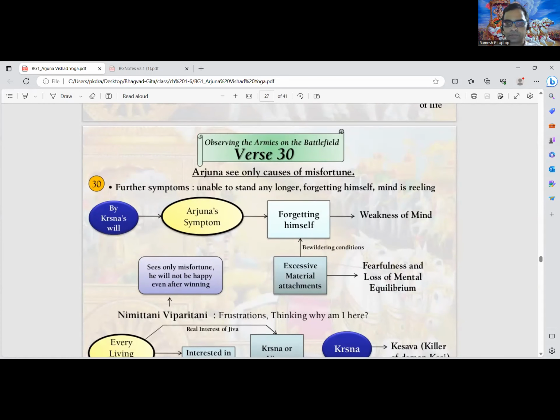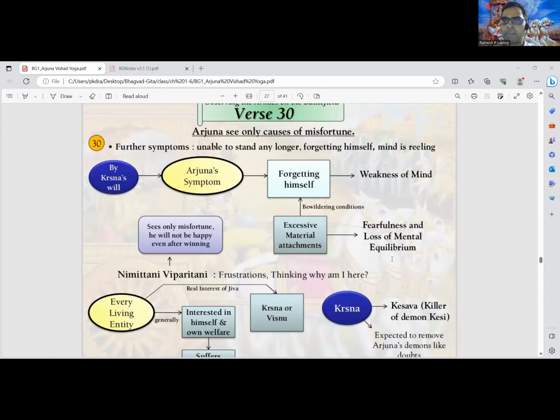So here in verse 1.30, the weakness of mind is being discussed. By Krishna's will, Arjuna got all these symptoms: excessive fear, and he lost his mental equilibrium, all these things.